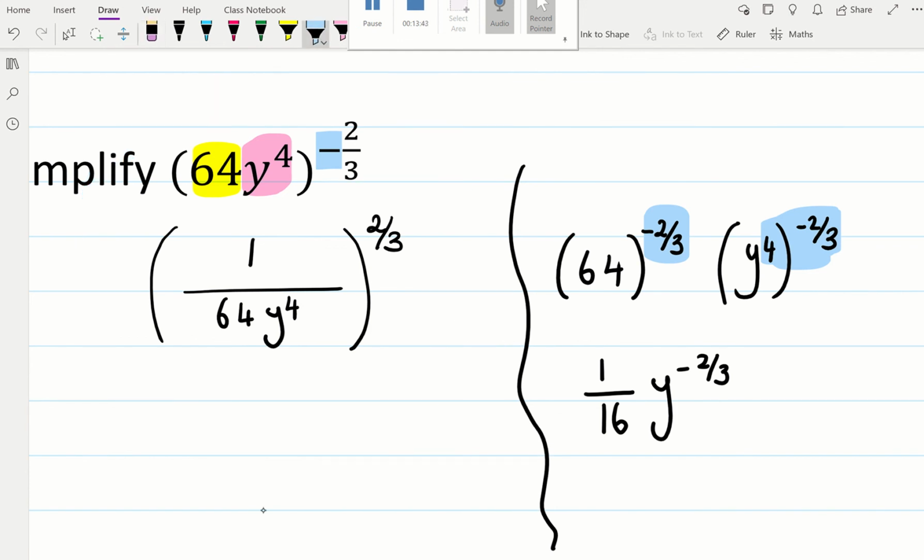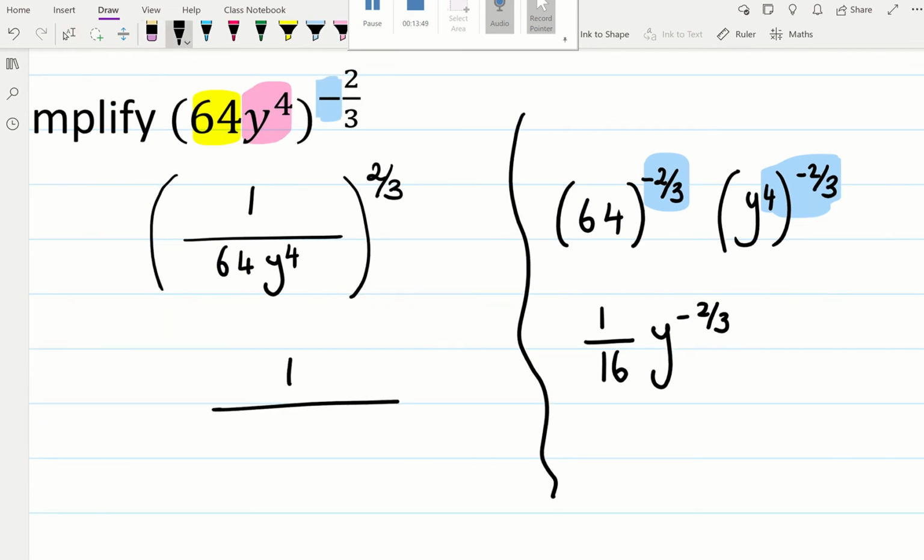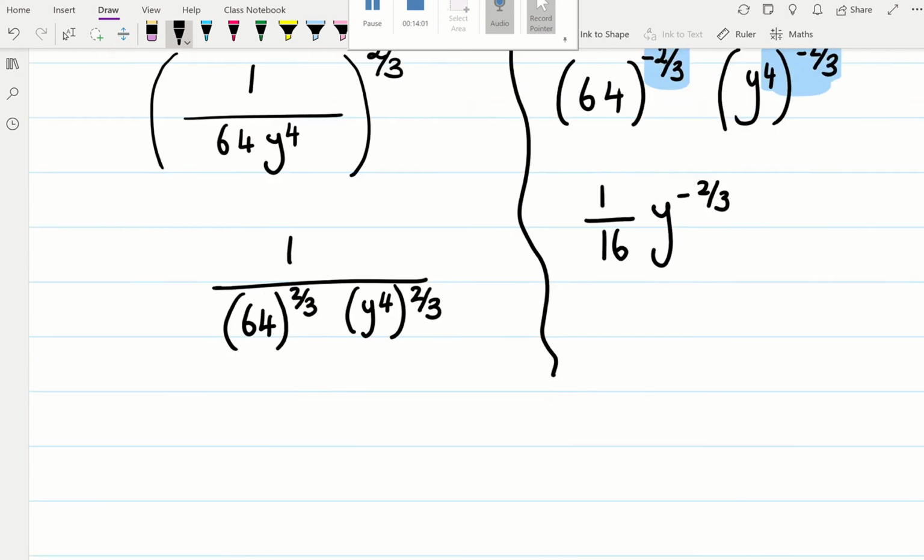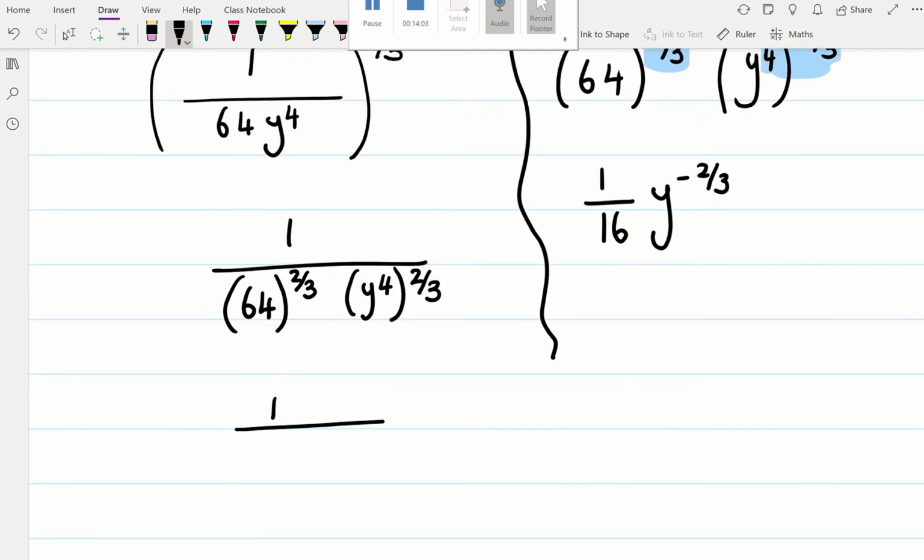So you need to remember that this minus turns this into a fraction. And then you're going to split it apart like we usually do, 64 to the power of 2/3, and y to the power of 4 to the power of 2/3. 64 to the power of 2/3 is 16. And then it's y to the power of 2/3.